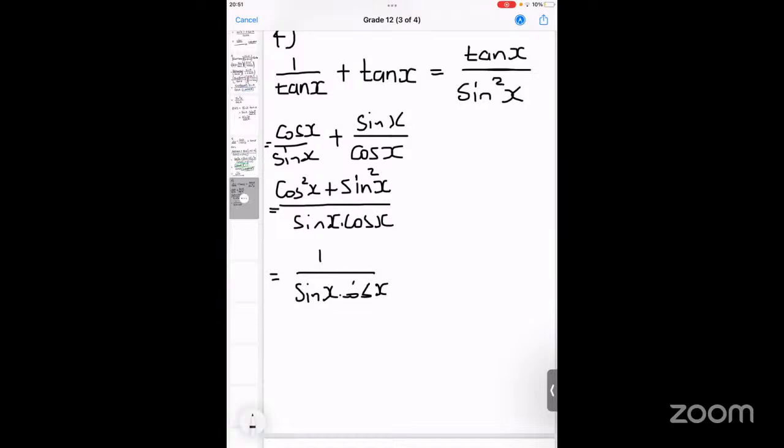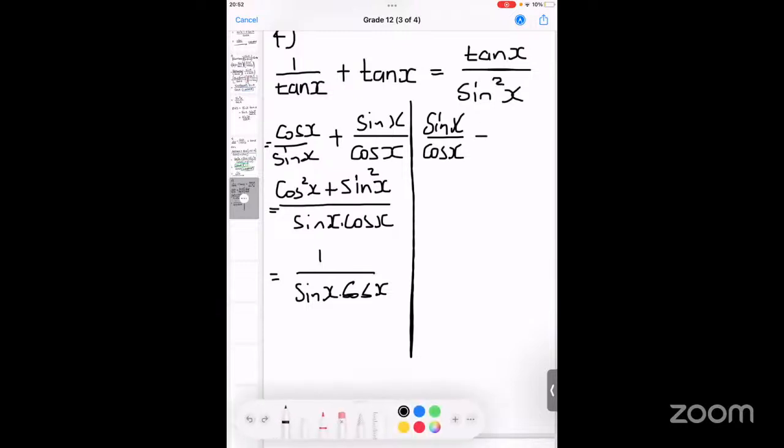Cos x there. It looks like there's nothing much I can do there. Let's try to see the right-hand side. And then when it comes to the right-hand side, all I can say is that tan, maybe straight away, let me do this and say sine x over cos x, and then times 1 over sine squared x.